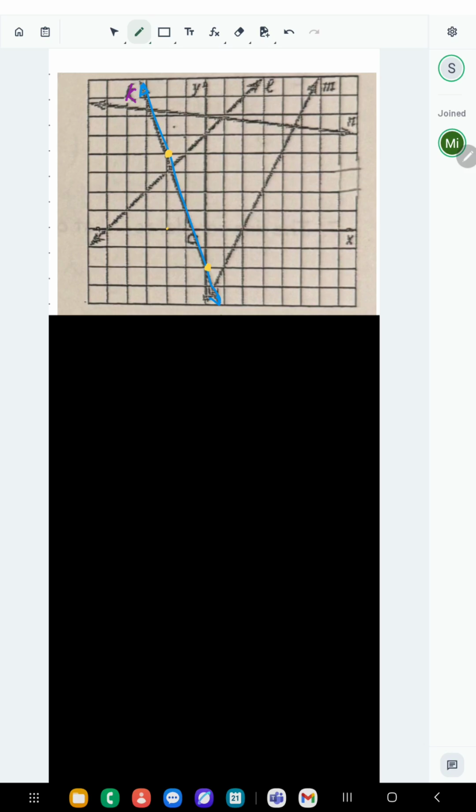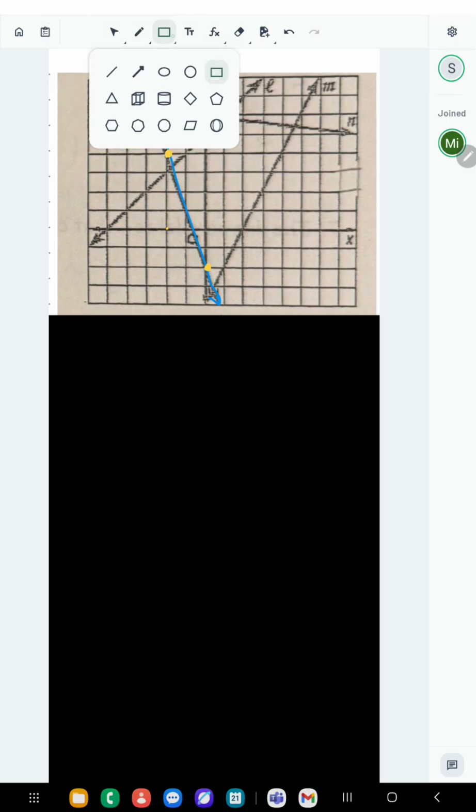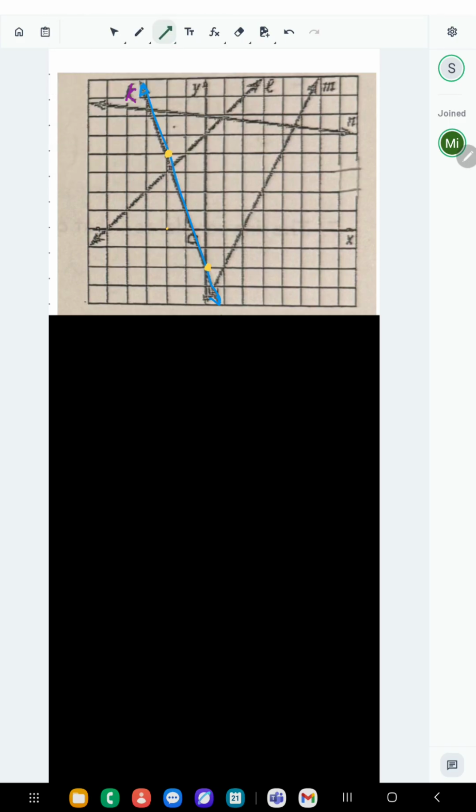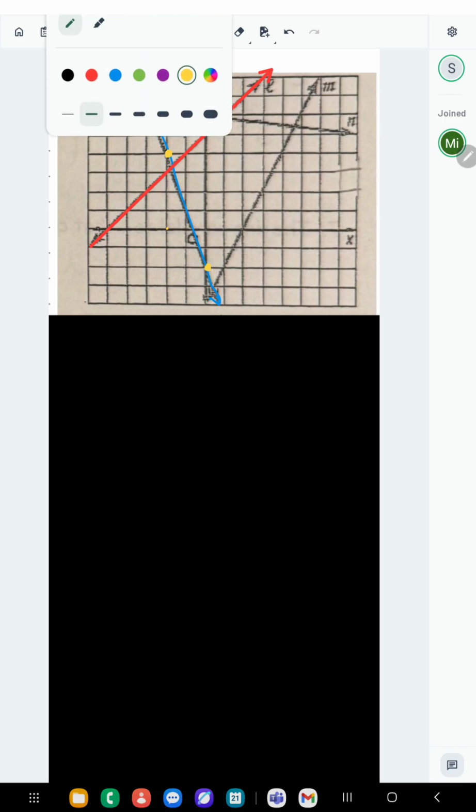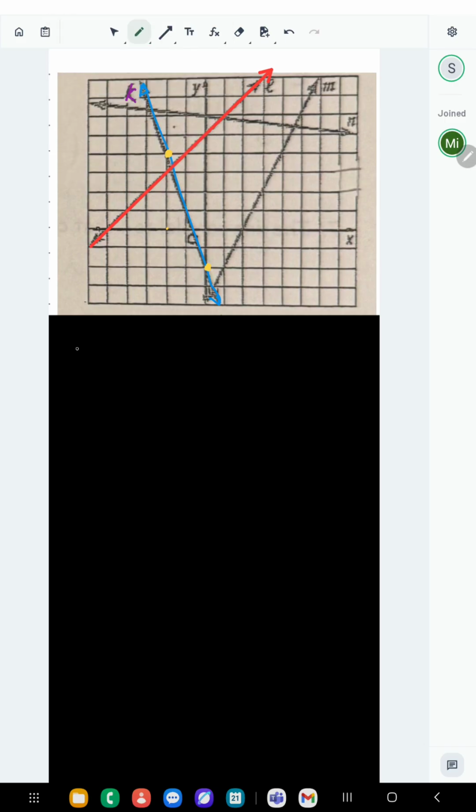Okay. Number 12, line L. Where is line L here? You choose 2 points. 2 and 7. Where's line L? This one, line L. I will draw it in red. 2, 7 is the exact point.